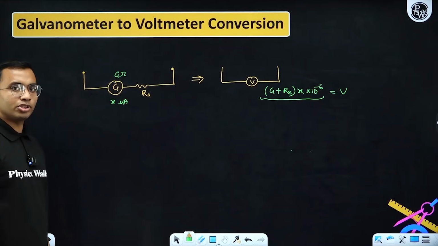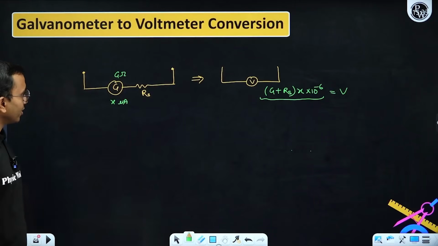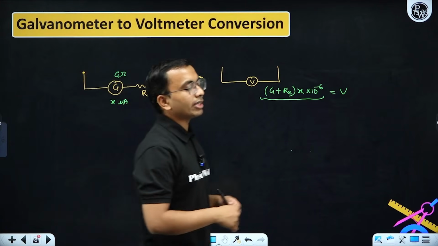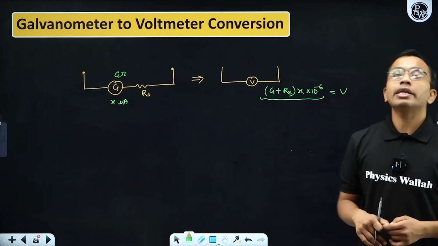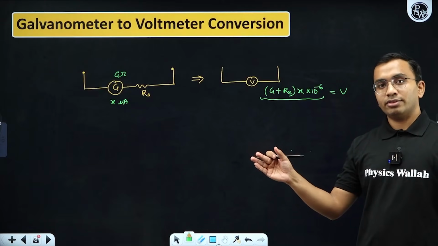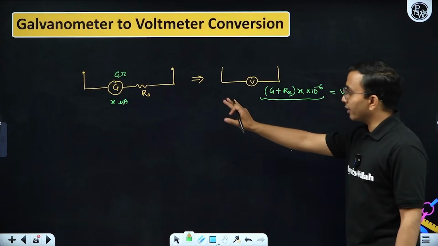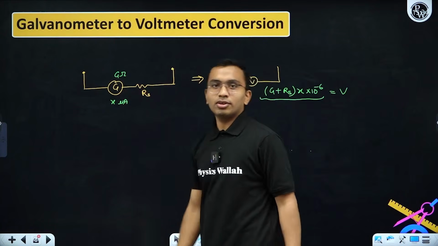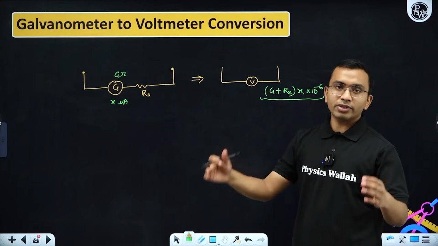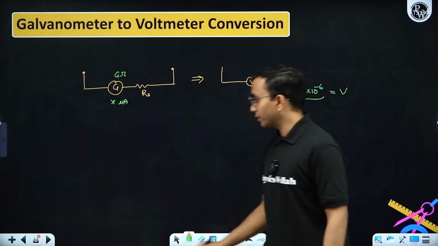We'll solve some questions using this. You need to understand that when converting a galvanometer to a voltmeter, I need very high resistance. Therefore, we need to connect a resistance in series with the galvanometer such that the effective resistance becomes very high.